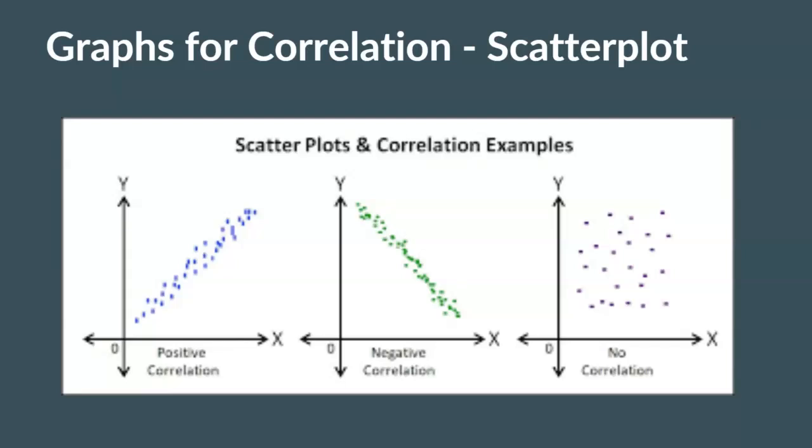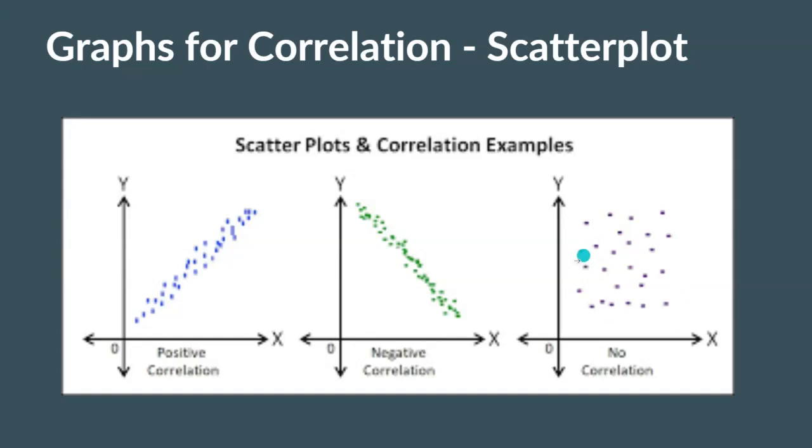It shows us how the data is spread out and clings to each other. Essentially, the closer the dots are together, the stronger the relationship of the correlation, and the more spread out they are, the weaker the relationship. In this image on the screen, we've got two strong relationships and then no relationship at all.